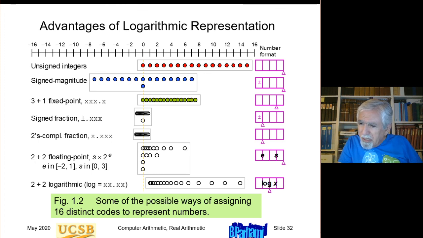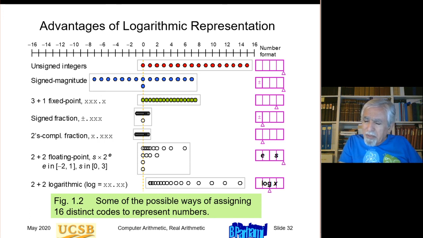That variation is not smooth. It jumps from one spacing to the next. Whereas here the variation is smooth, and therefore the error tends to be pretty uniform in the entire range of representation.